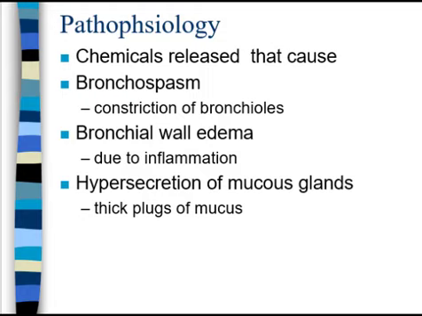You also will begin to secrete mucus. If you've ever been allergic to something, you will notice your nose is running, everything is running, you're dripping with mucus. Well, that's also being secreted in your lungs. And because the airway is much smaller in the bronchioles, you're unable to cough up the mucus in your lungs. So it leads to getting these thick mucus plugs.